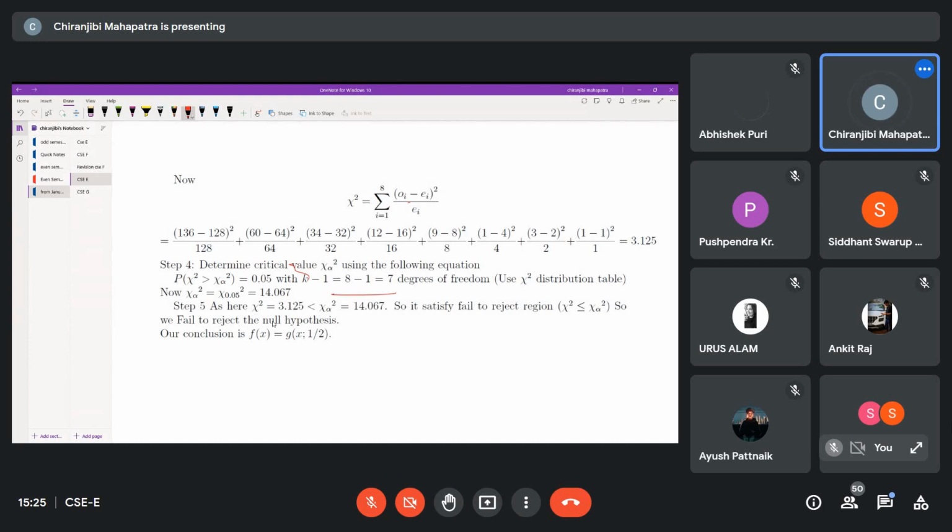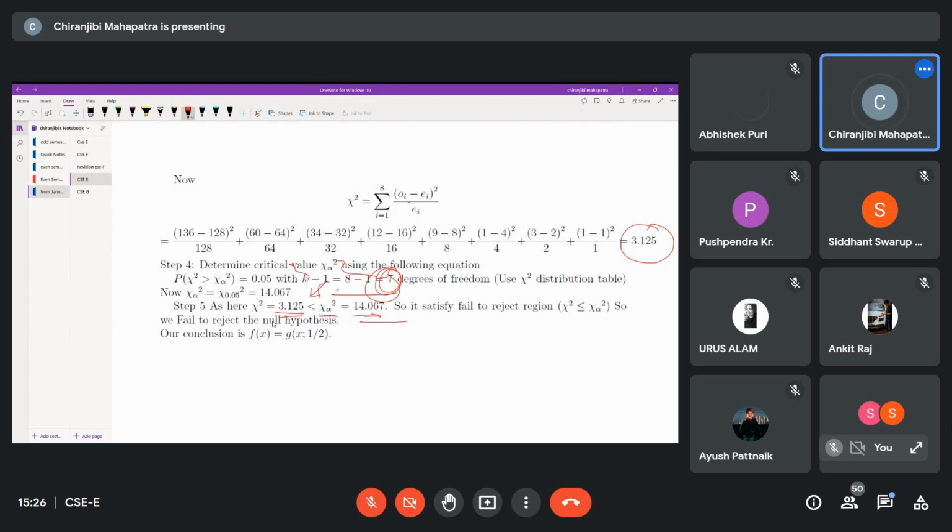Okay, so the degrees of freedom is 7, then like this. So here we got 3.125 at 7 degrees of freedom, okay, and we have chi square alpha is 14.067. So obviously as it is less than that, so it is accepted.